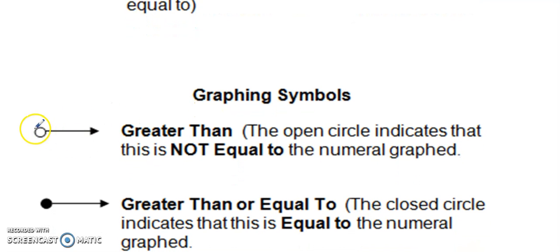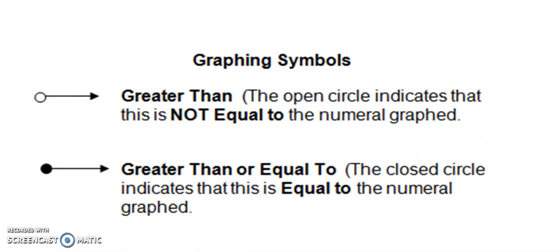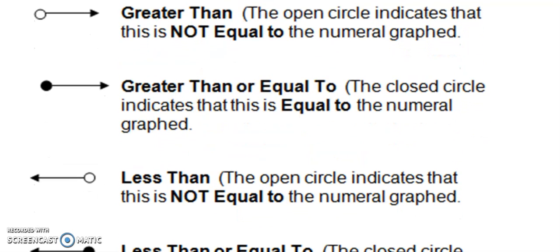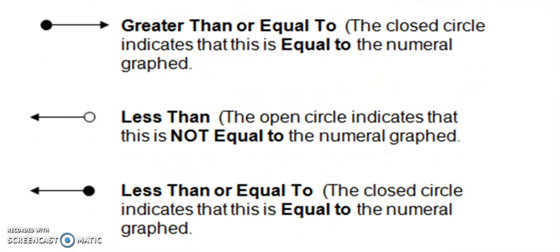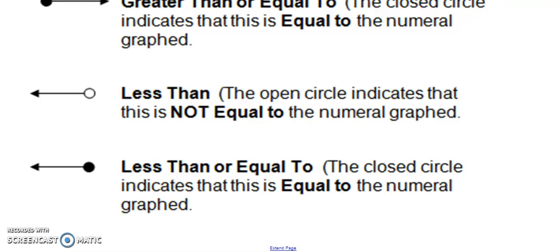So we would have an open marking at the value and pointing to the right if it was greater than but not equal to. That same direction but filled in would be greater than or equal to. And then pointing in the other direction to the left, if it's an open circle, that would be just less than, not equal to, and then with a closed circle, that would be less than or equal to.